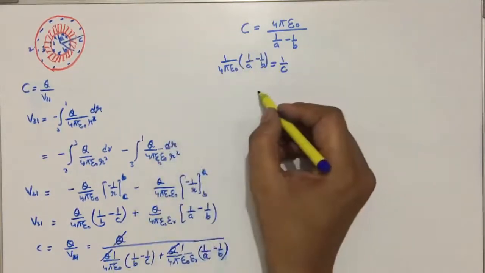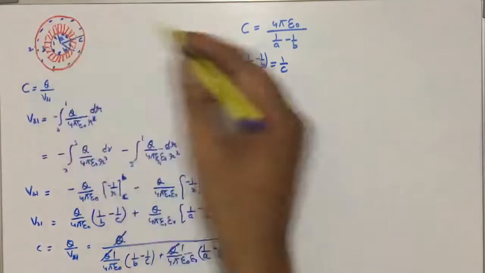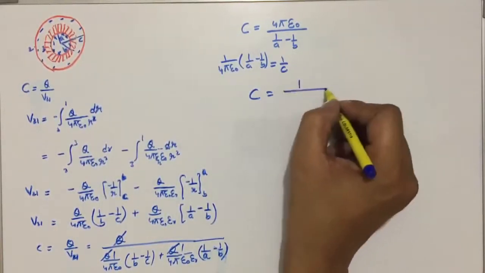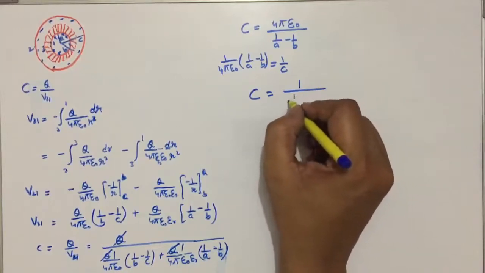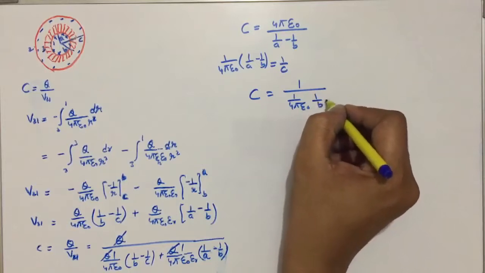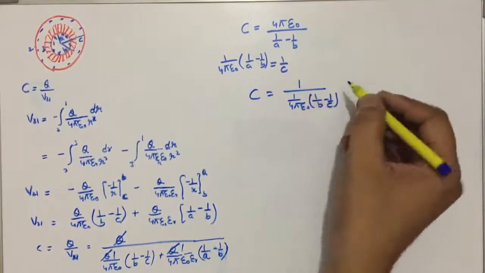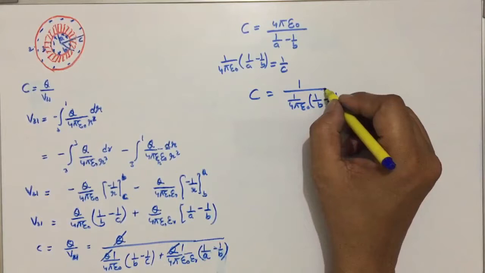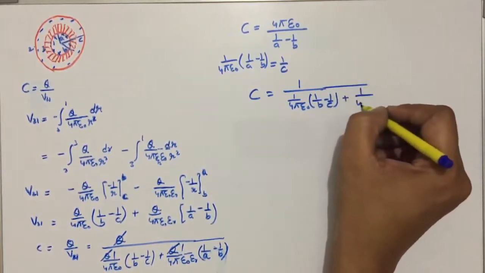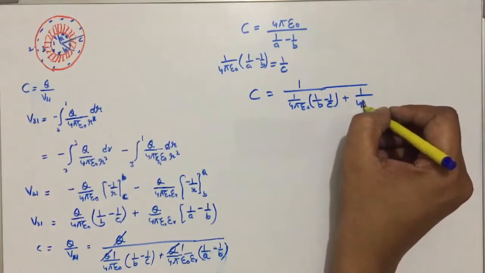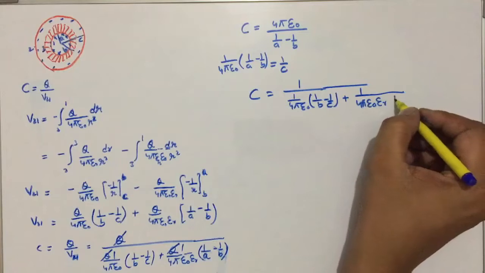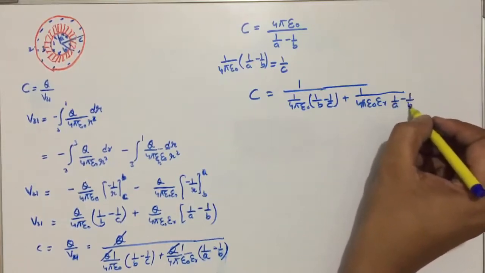Similarly, c in the case of this type of arrangement can be written as 1 by 4 pi epsilon naught, 1 by b minus 1 by c, plus 1 by 4 pi epsilon naught epsilon r, 1 by a minus 1 by b.